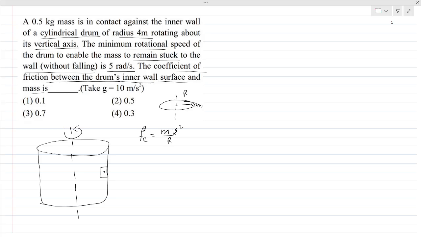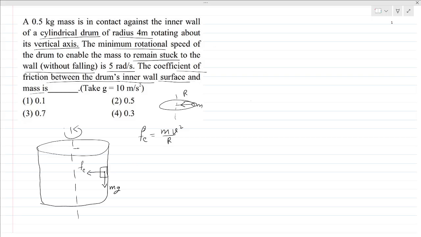So therefore we can say that mg, where m is the mass of the object, is always directed downwards. Now due to the rotation, the object will get a reaction force, which is due to the centripetal force Fc, because the centripetal force in circular motion is always towards the center.